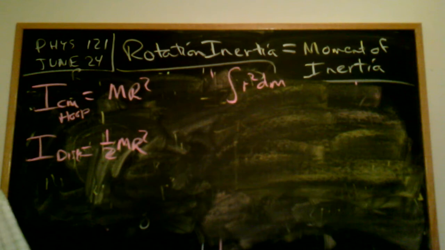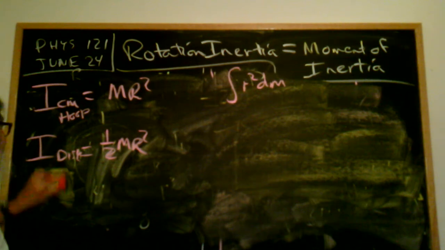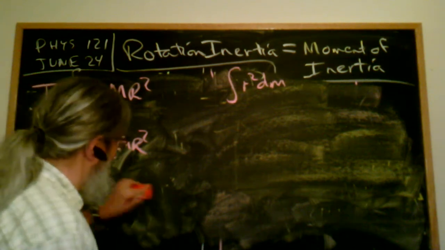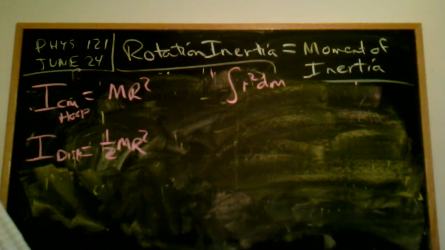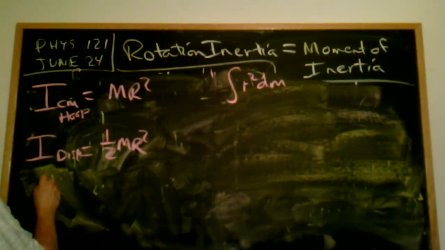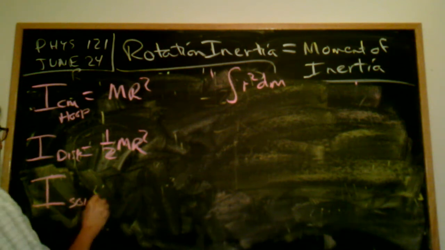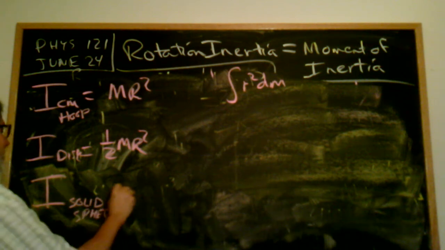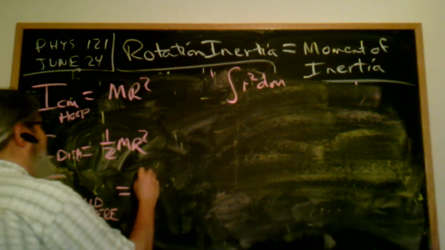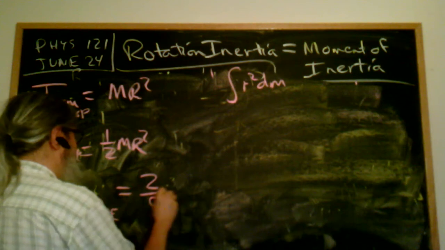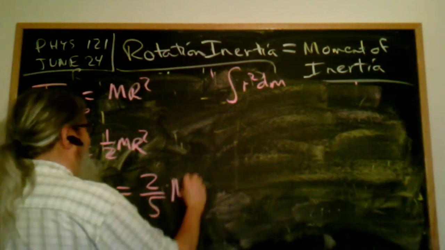Okay. You can do the same techniques. It's more complicated because you have to deal with 3-dimensional limits, so you can't just use an annulus. But nonetheless, it's still standard calculus to get the rotational inertia for a solid sphere. And when you do all the calculus correctly, you end up with the answer 2/5. What a weird thing. 2/5 mr squared.